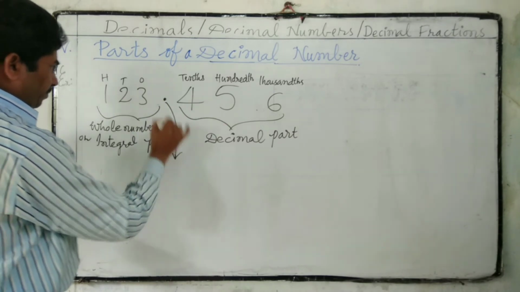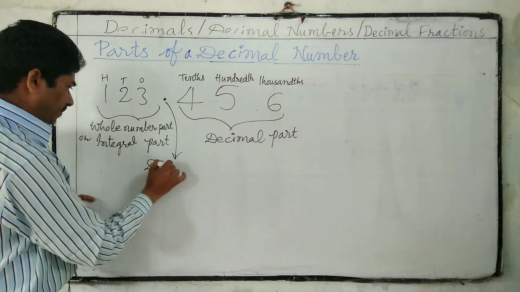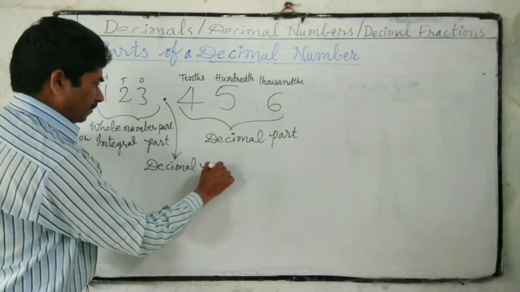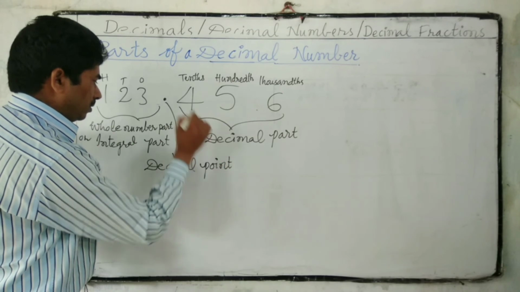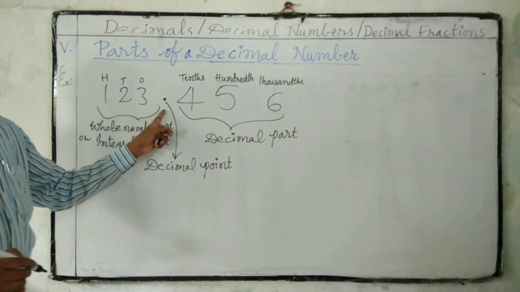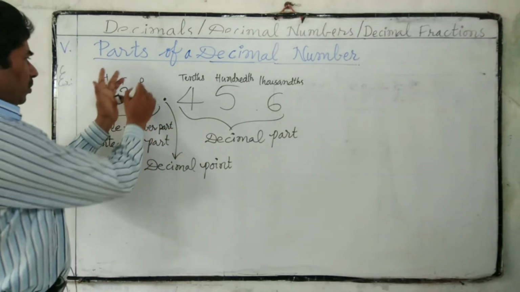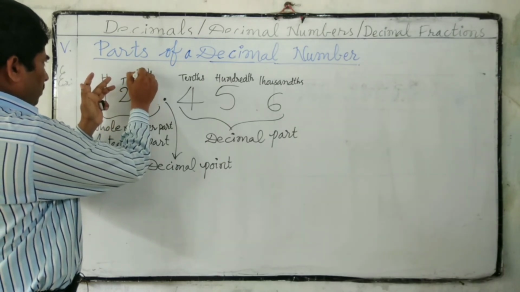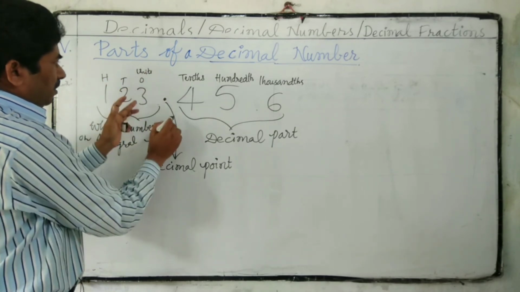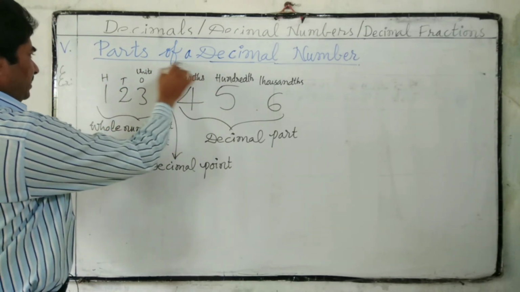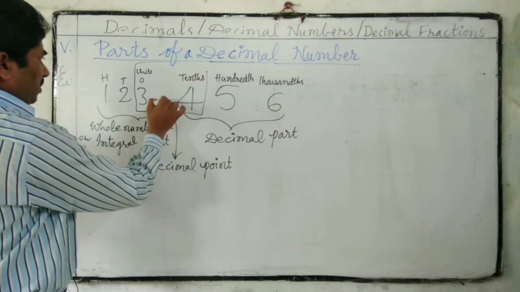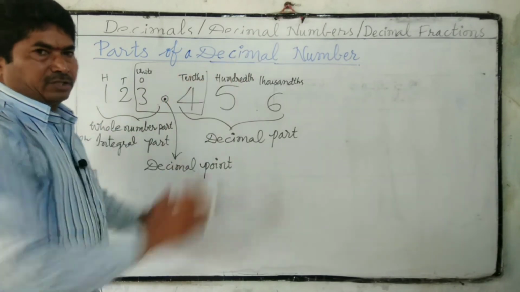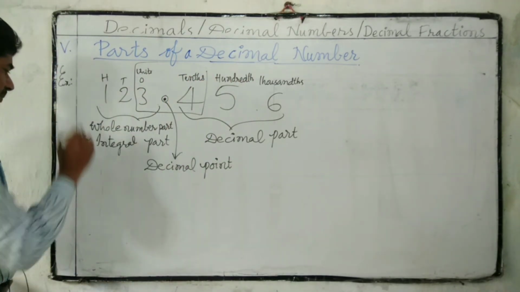This is a decimal point. Decimal point is placed between units place and tenths place. This is point number 1.